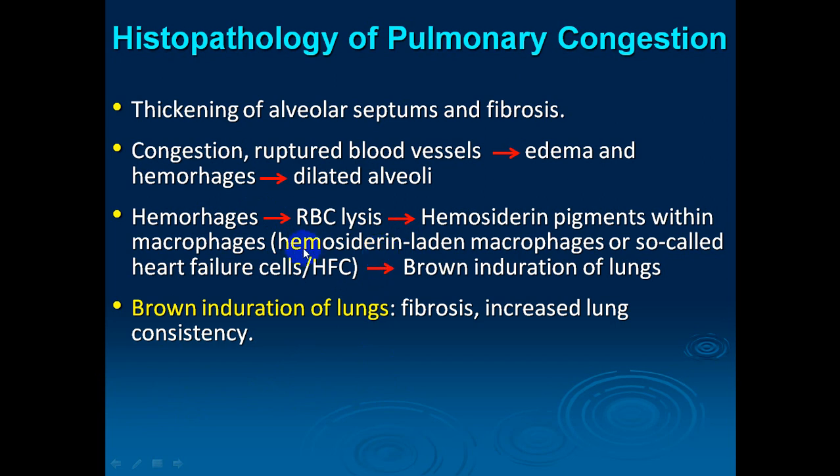A lot of this hemosiderin in lung tissue will cause the lung color in the end to have a brownish appearance, and because it's chronic, there will also be fibrosis. It will also be followed by increased firmness of the lung. We call it induration. This event we call brown induration of the lungs.